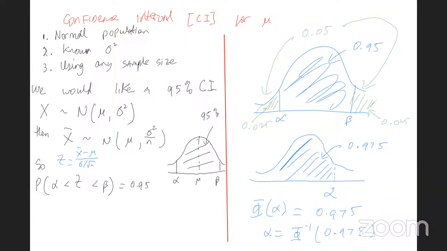So Grant got 1.96. Let's just do me a favor now. Just look back and convince yourself, please. Look back and find phi inverse of 0.975 and make sure you're getting 1.96.